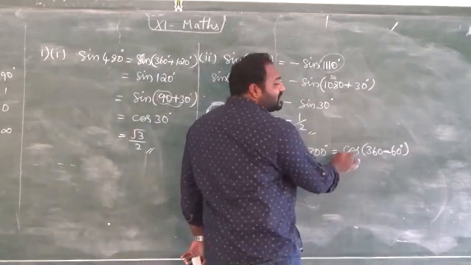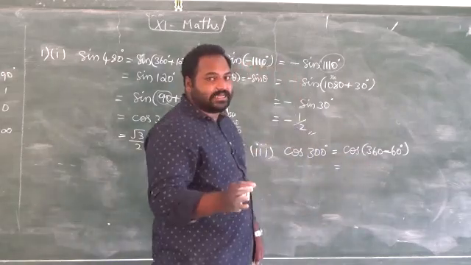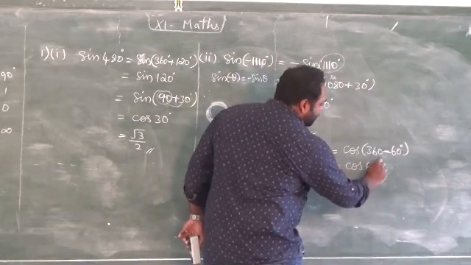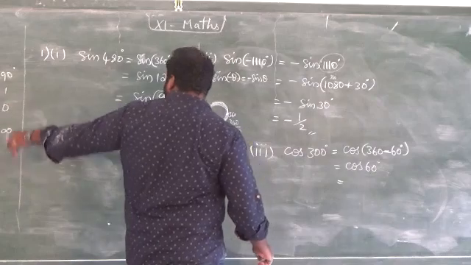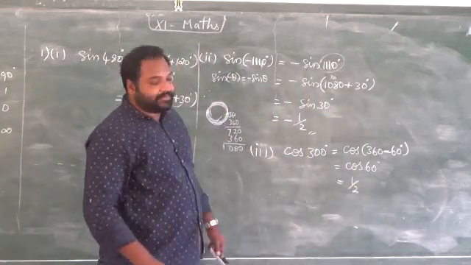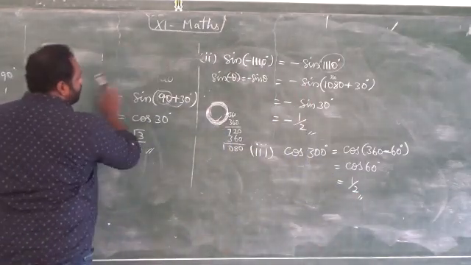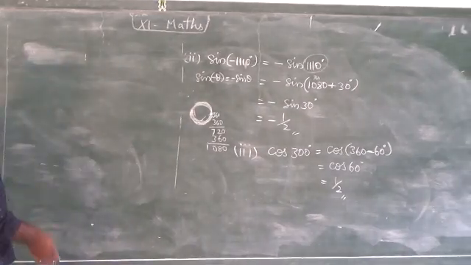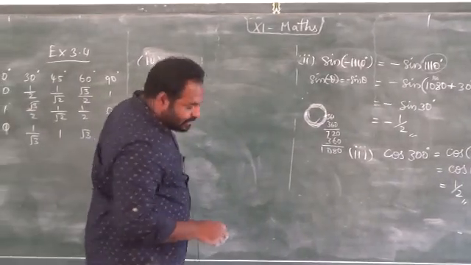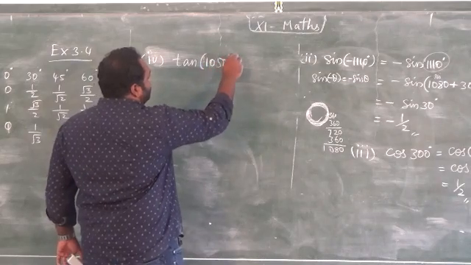In the fourth quadrant cos is positive. Because of 360 we have no change in the ratio, no co-ratios. So as it is, cos 60 value is 1 by 2. So cos 300 degree value is 1 by 2. Next, fourth subdivision, tan 1050 degree.